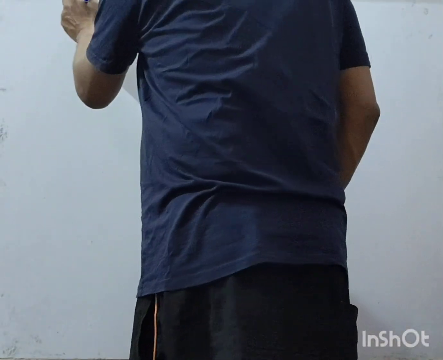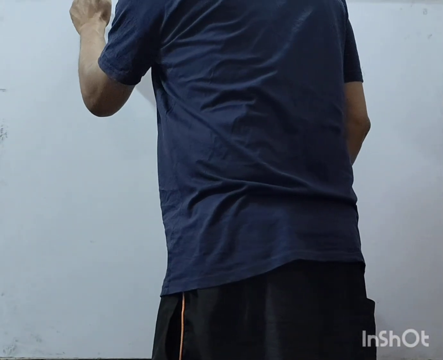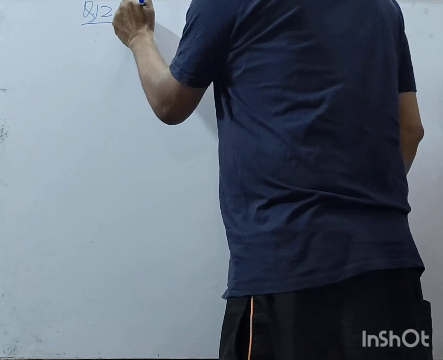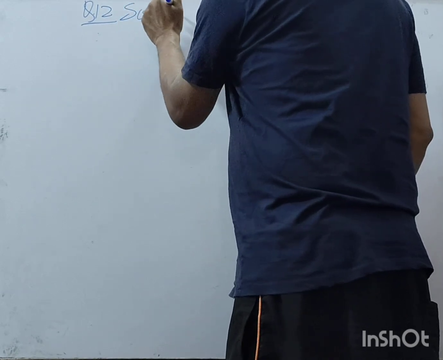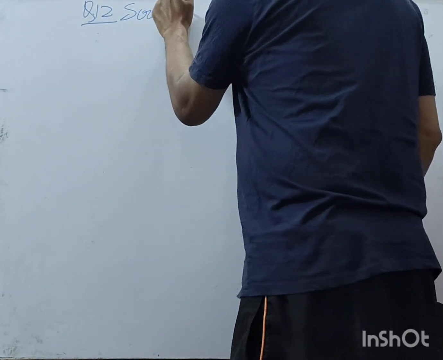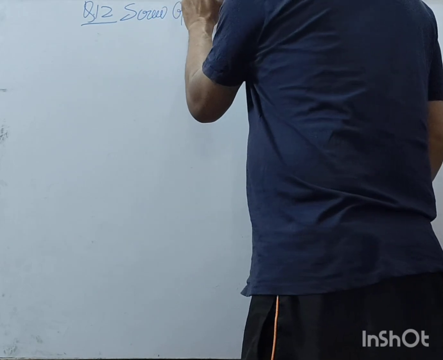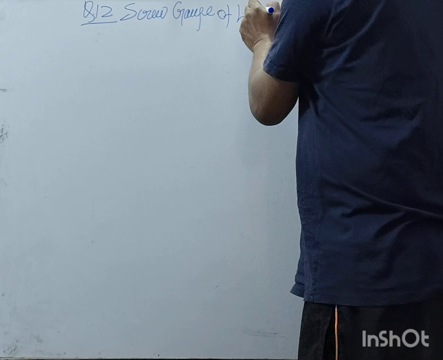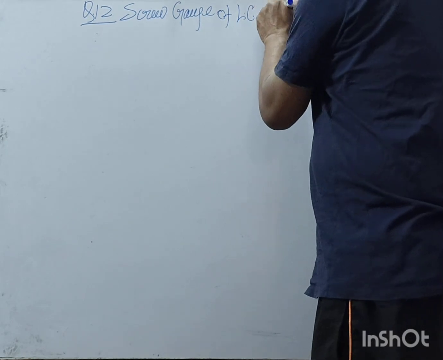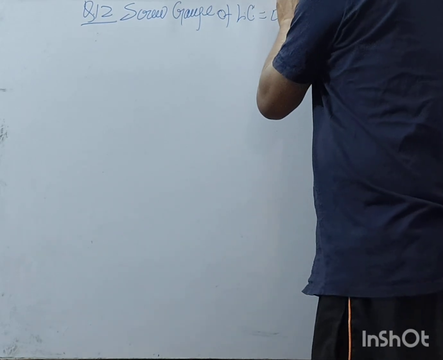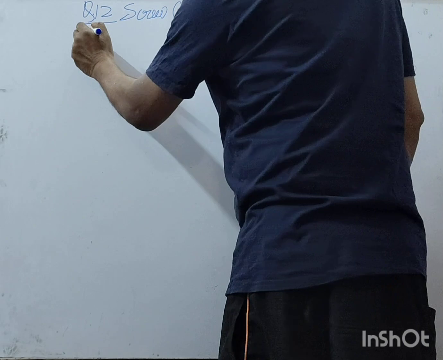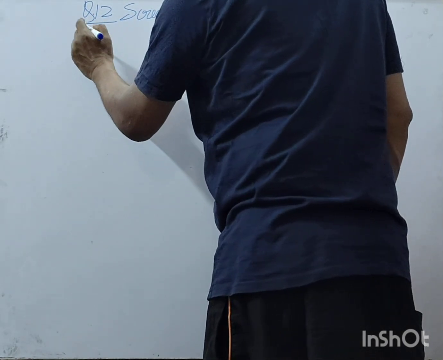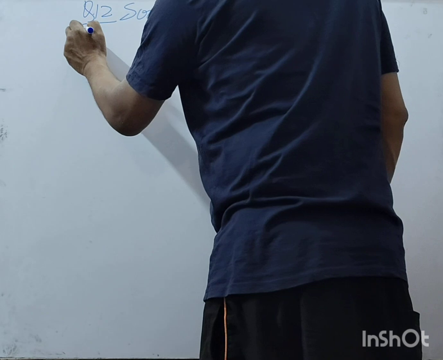Question number 12. A screw gauge of least count 0.01 millimeter is used to measure the diameter of a wire.